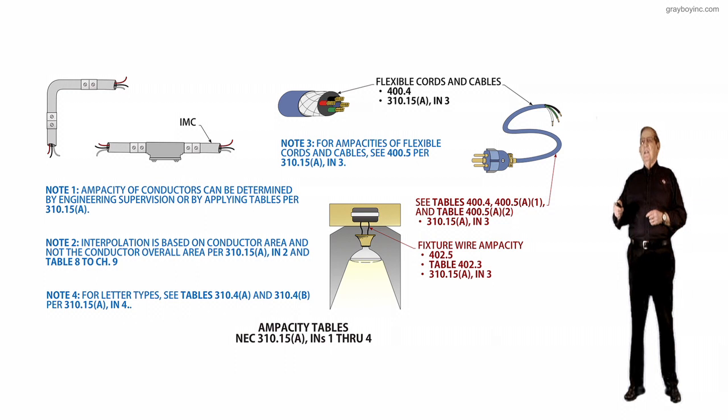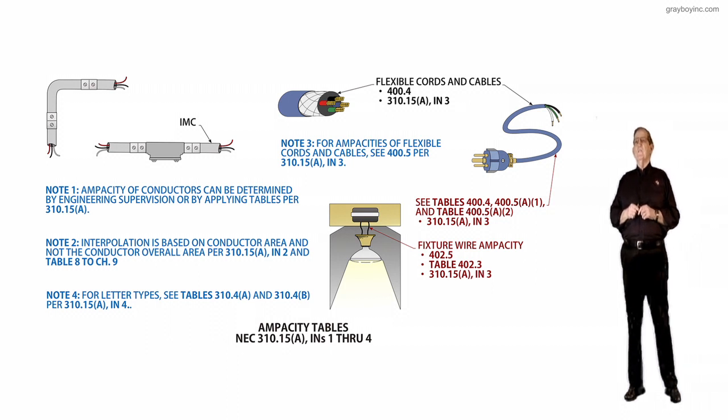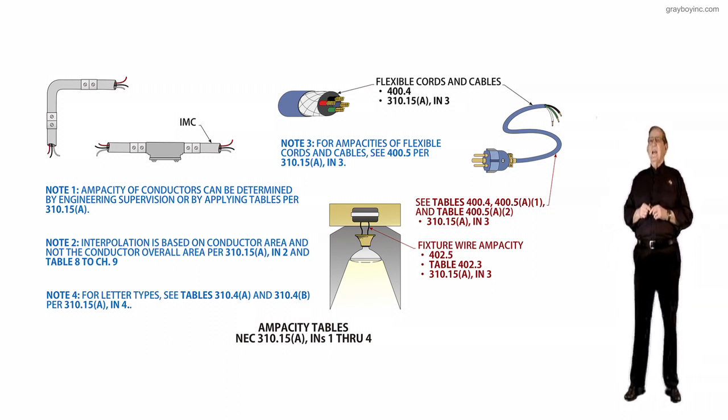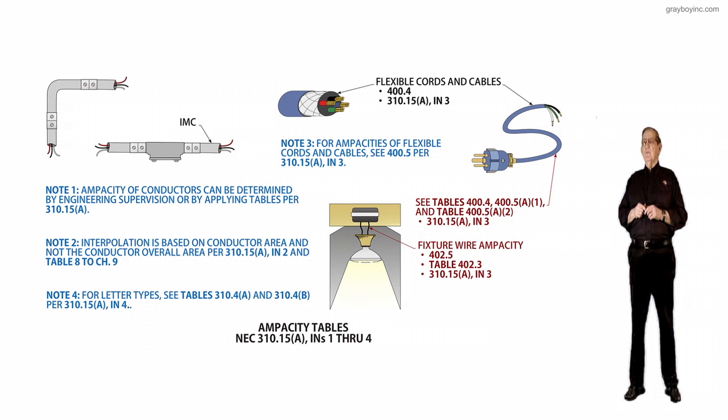Now, to get the ampacity of a flexible cord or cable, you go to tables 400.4, 400.5, and table 400.5(A)(2), and the section that tells you to do this is 310.15(A), informational note 3, but those are the tables you would use.